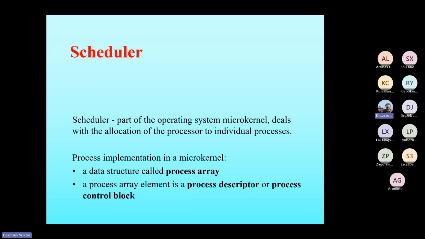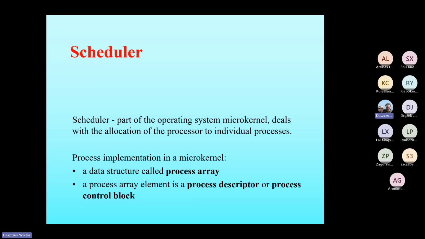In Phoenix, for example, it is the tree to easily find the process, because the searching time in a tree is logarithmic. And an element of this, in abstract words, array, is a process descriptor, or PCB, a process control block.